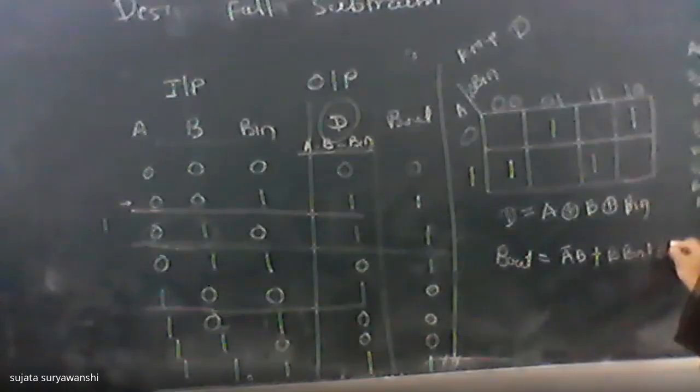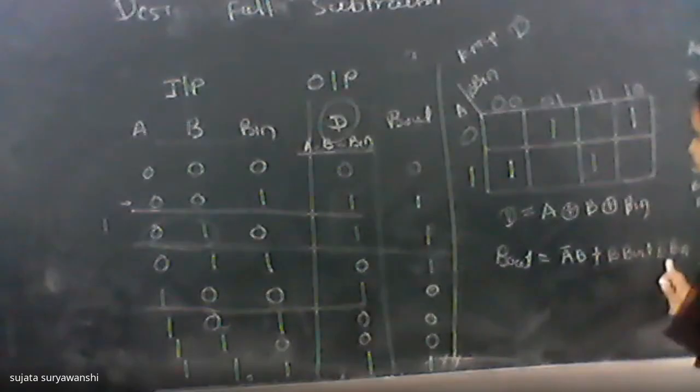A complement B and A complement B in. Is it right? All of you getting this? Yes, A complement B, A complement B in. This is the final expression for B out.